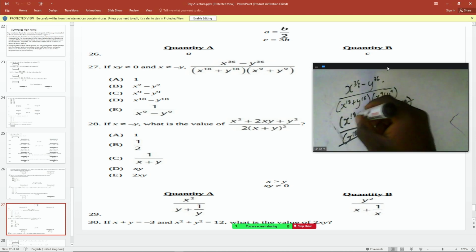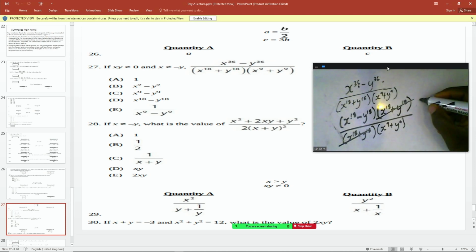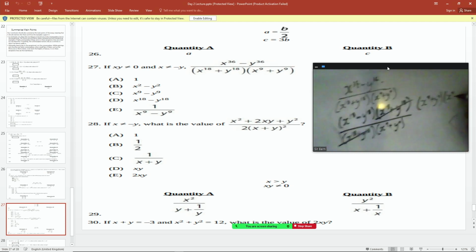So it can multiply as such: we have x to the power 9 plus y to the power 9, x to the power 9 minus y to the power 9, all divided by x to the power 9 plus y to the power 9. So this can cancel this. We are left with x to the power 9 minus y to the power 9. So that is our answer. Our answer is C.